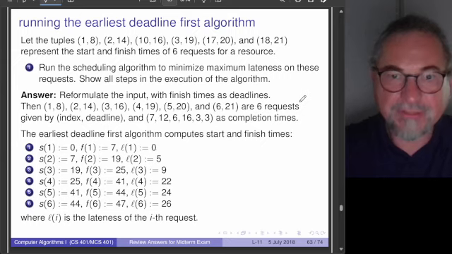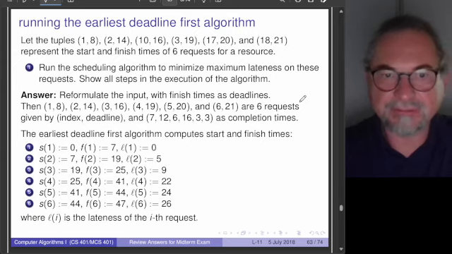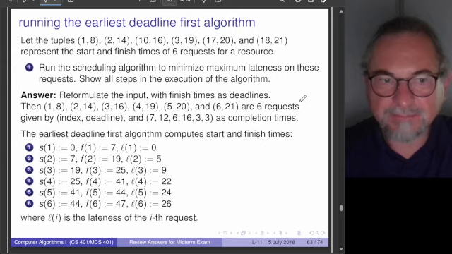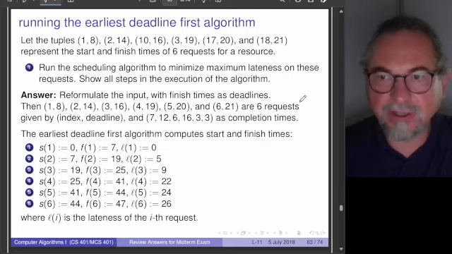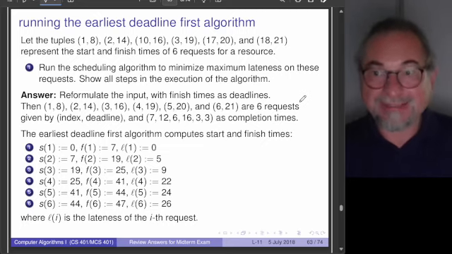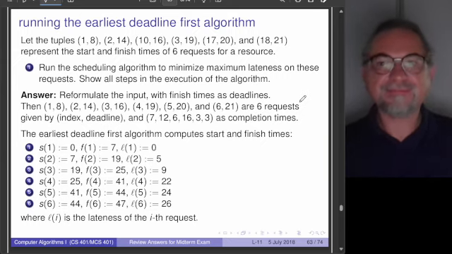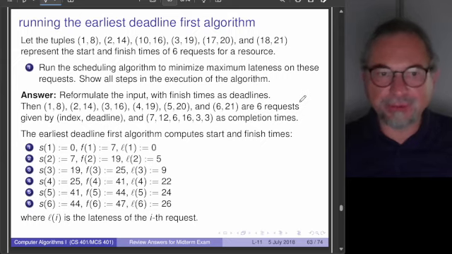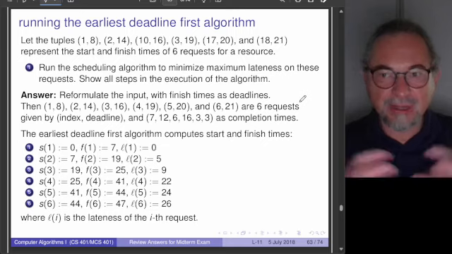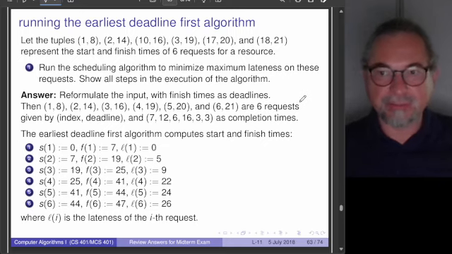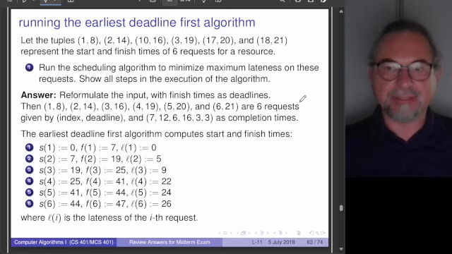Every finish time is now interpreted as a deadline. And when we covered the earliest deadline first algorithm, we were given the input as a sequence of tuples, ordered on the second element in that tuple that contained the deadlines.